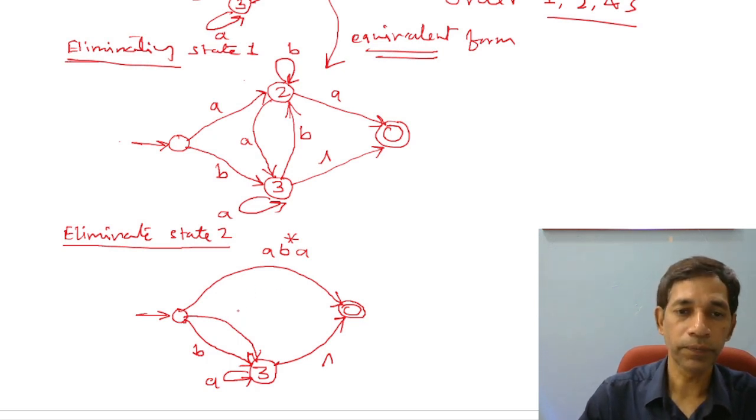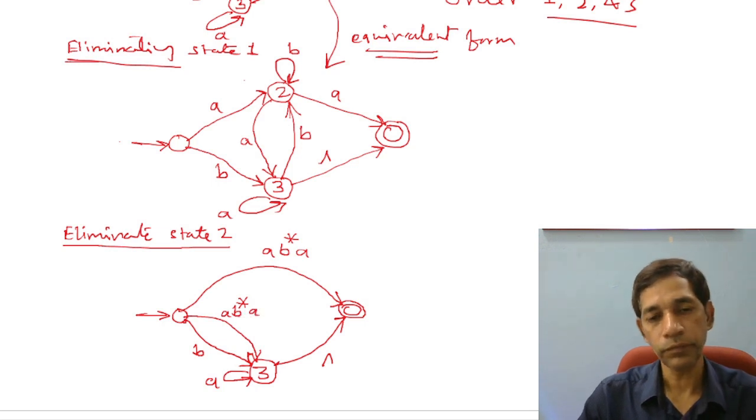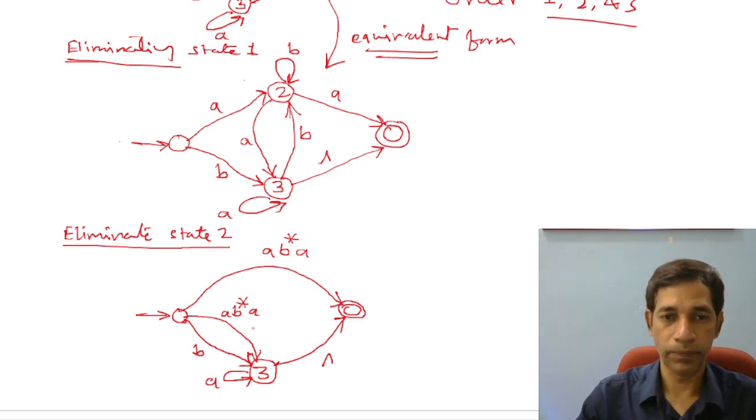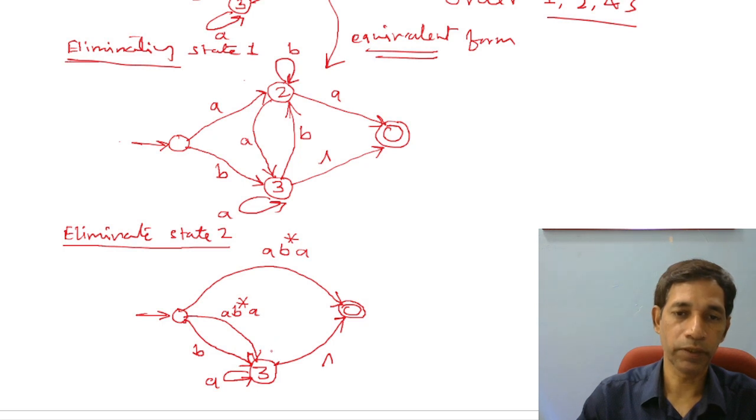What is the label of this edge? The label is A, then B Kleene star for the loop, then you are coming to the state 3 for the label A. So A B star A is the resulting label, and we have the direct edge from the initial state to the state 3.